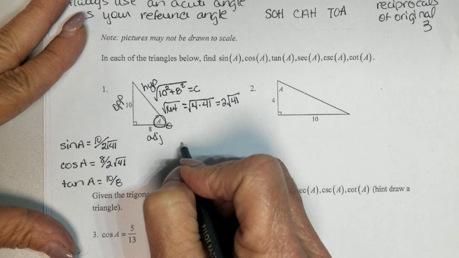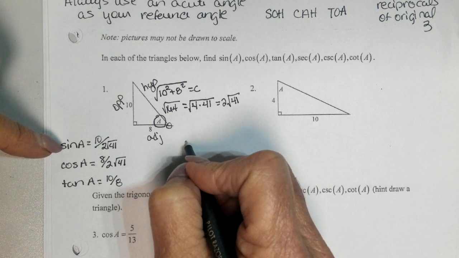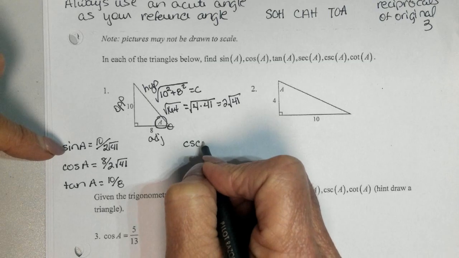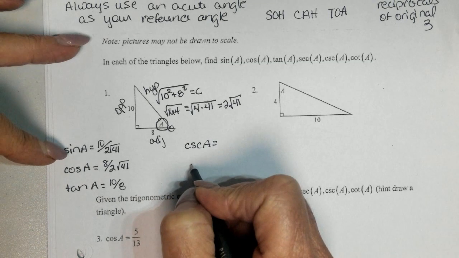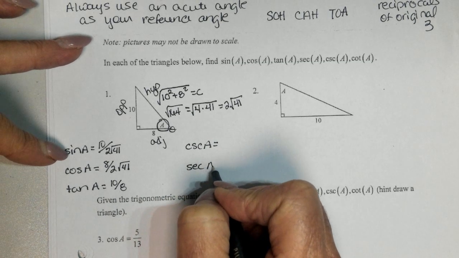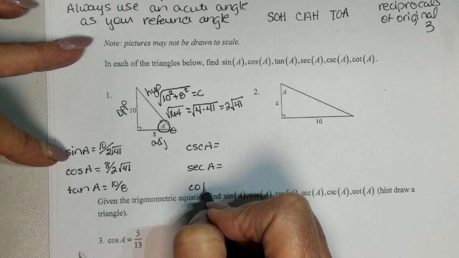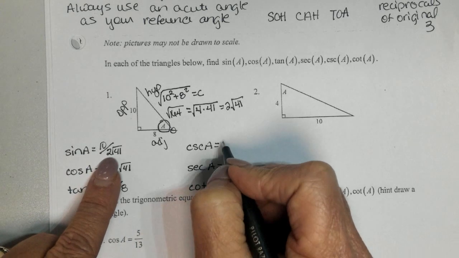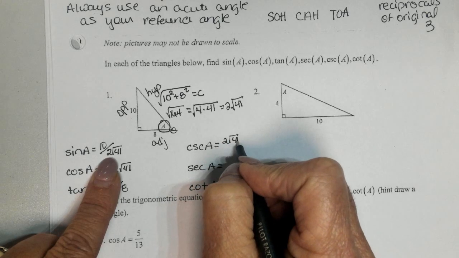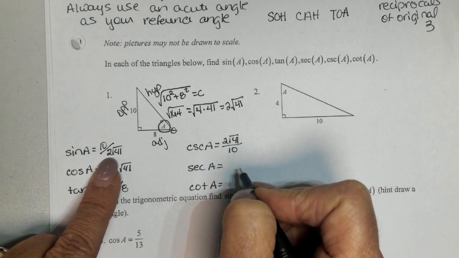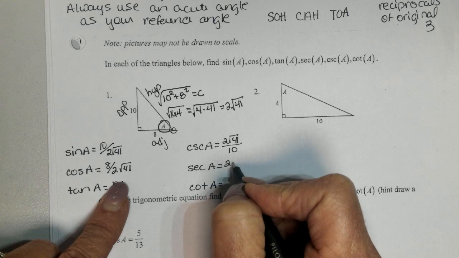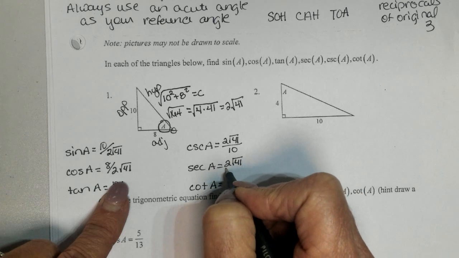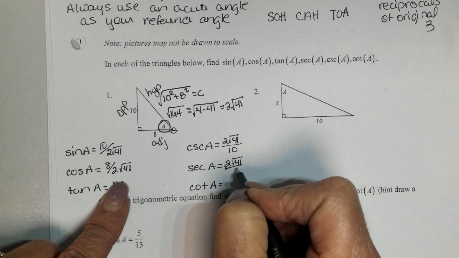So the other 3 are reciprocals. So we have the cosecant of A, the secant of A, and the cotangent of A. The cosecant of A is the reciprocal, so we have 2 root 41 over 10. The secant is 2 root 41 over 8.